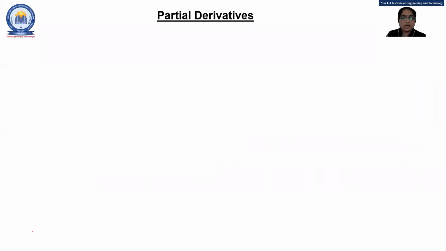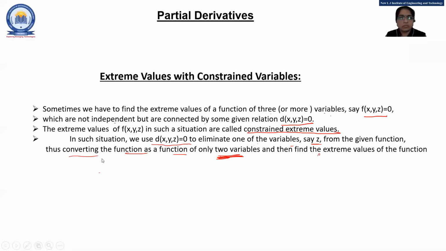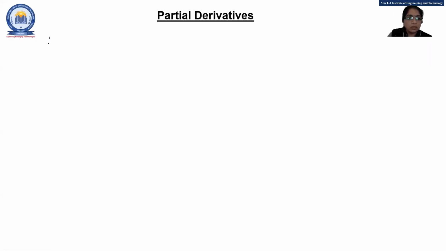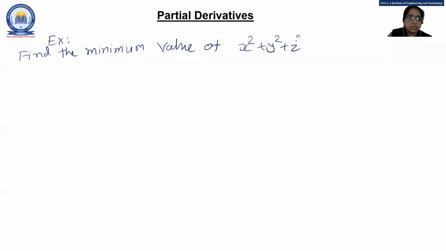Now, let's start an example for better understanding. Our question is: find the minimum value of x square plus y square plus z square with the constraint x plus y plus z is equal to 3a.